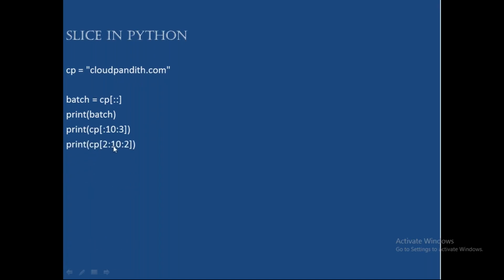Okay. Now for this, can you tell me what I will get? It will skip alternate values. It will print L, skip O, print U. So it's going to start from O. Second value: 0, 1, 2, O value print, then skip, D value print.